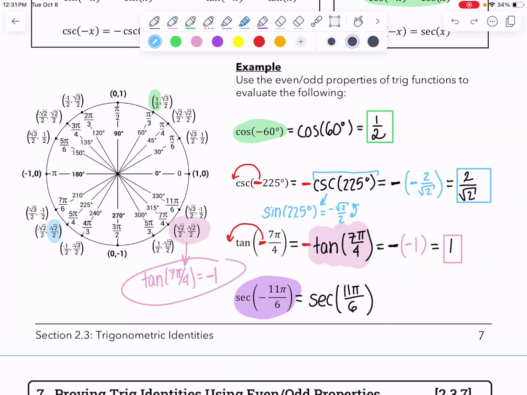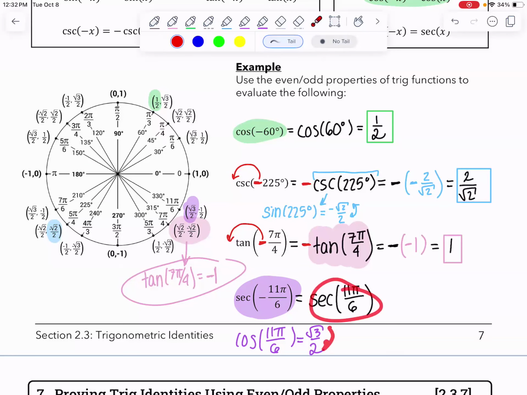We know cosine of 11 pi over 6 is square root 3 over 2, which means that secant of 11 pi over 6 is the flipsy-flu. So that's going to be equal to 2 over root 3.